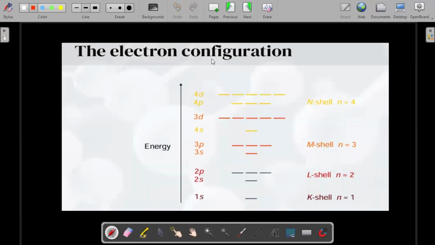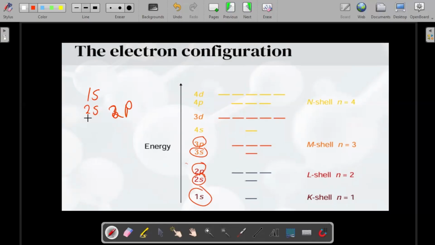This is about the electron configuration, which we've already discussed. The first, lowest energy level is going to be the 1s, followed by the 2s, then the 2p, the 3s, 3p, then you go to the 4s. So you follow this arrangement. You start with the 1s, then you go to the 2s, then the 2p.